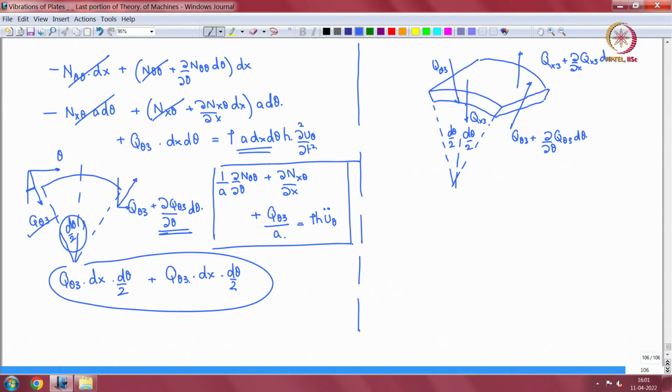What else contributes? We have n theta theta, incremented value, n theta theta plus del n theta theta by del theta d theta. Okay, so that's about it for the alpha 3 direction.